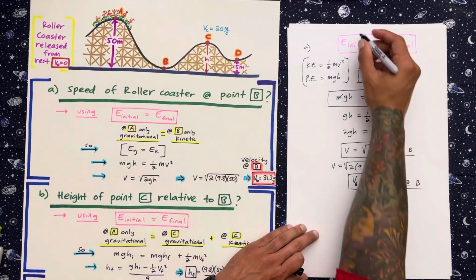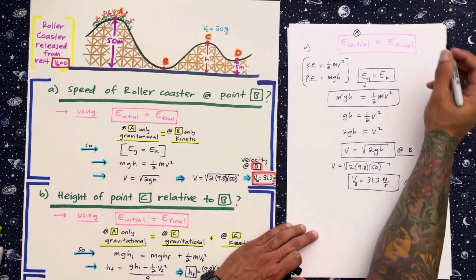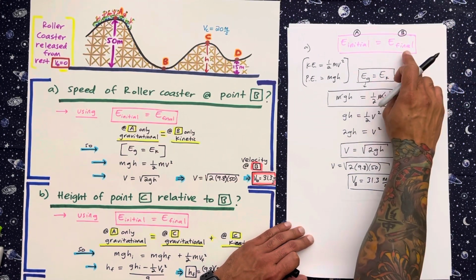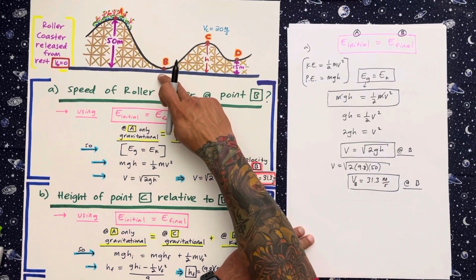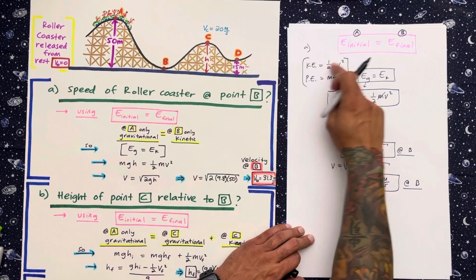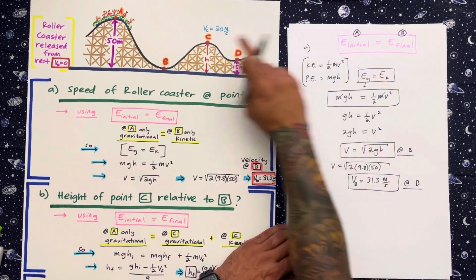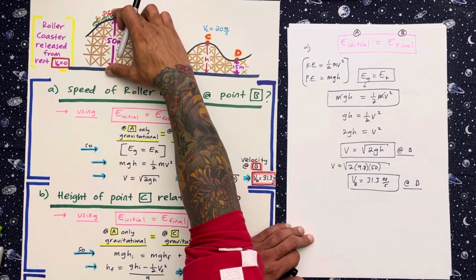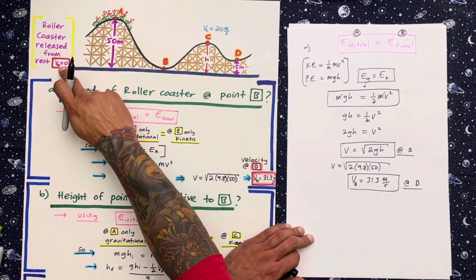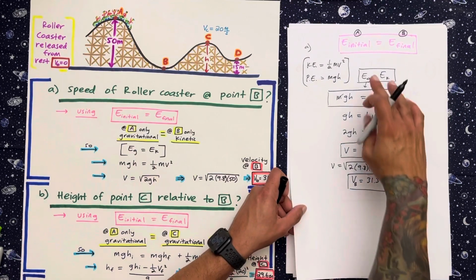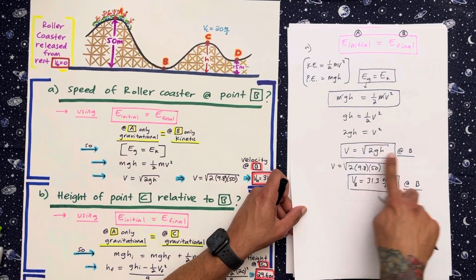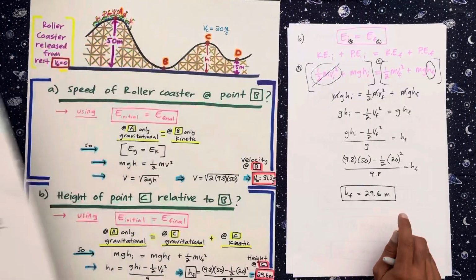Remember that it's energy initial at A and final at B. So all the energy associated with point B, which is on the ground, so there's no potential, there's only kinetic, and here initially we have potential, but no kinetic because it's starting from rest. Okay, so we plug that in and we solve for velocity at B and we're good.